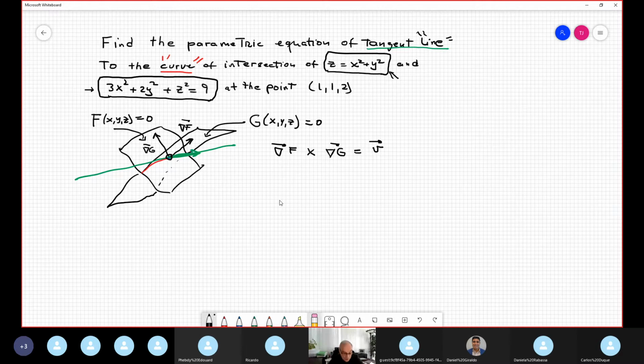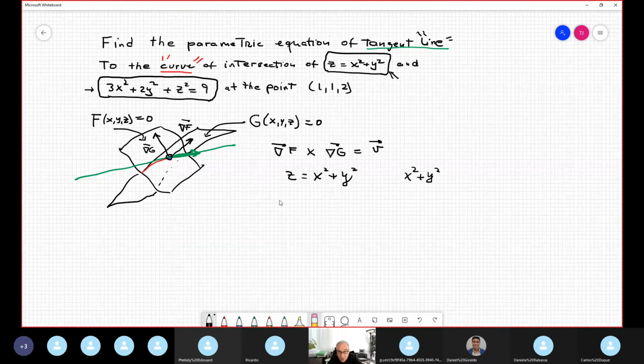Wow. Okay, let's do it. I take the first equation, que es z equal x squared plus y squared. I copy it in implicit form. I move everything to the left or to the right, doesn't matter. Entonces x squared plus y squared minus z equals 0. You put it in the elegant way that you prefer. And bueno, this is my capital F function.